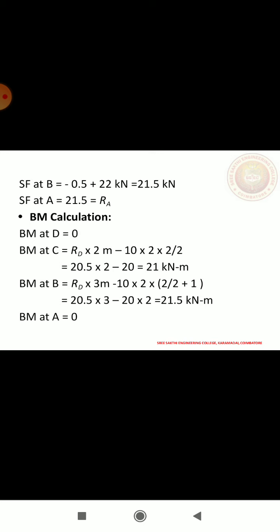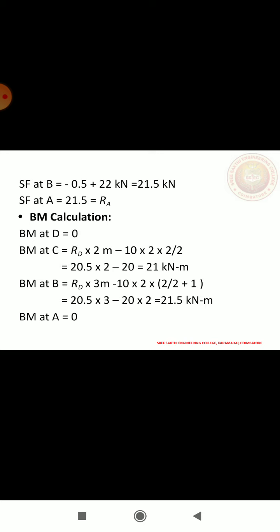So we have to calculate only the BM at C and BM at B. For finding BM at C, the formula is RD into length between C and D minus load acting between C and D into L square by 2, where L is the length of C and D. So the final value for BM at C is 21 kilonewton meter.